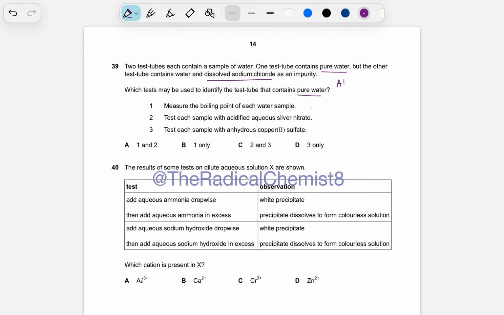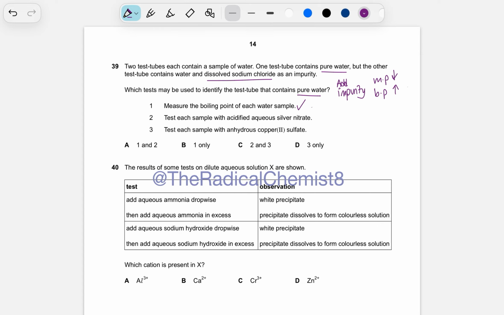And if you add an impurity, this means that melting point decreases and boiling point increases generally. So the first one is measure the boiling point of each water sample. Yes, that could identify this because the pure water should boil at 100 degrees, whereas the impure sample will boil at a temperature above 100 degrees.